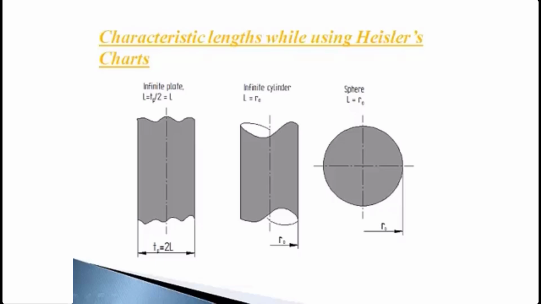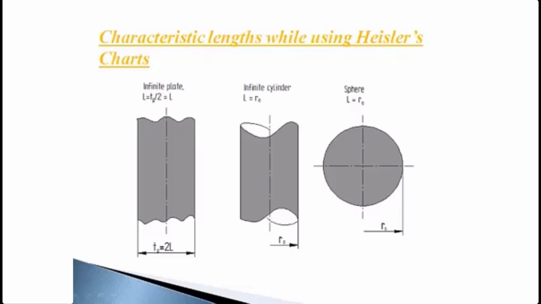So from the center, the shortest distance for the heat to conduct will be half the thickness. That makes the heat conduction one-dimensional. In the other directions, heat cannot conduct because the distance is too large. So the plate is infinite in size, and only thickness is finite. So from the center, the heat has to conduct only towards the surface, which makes it one-dimensional heat conduction.